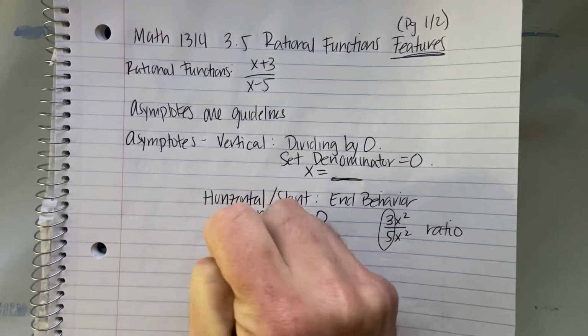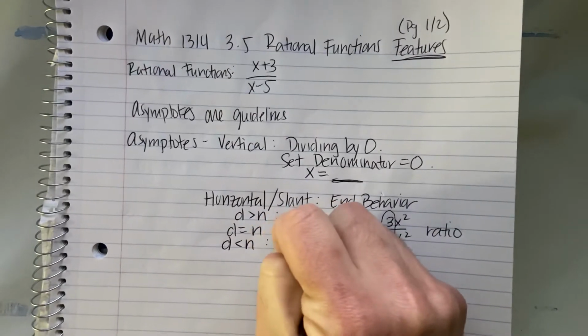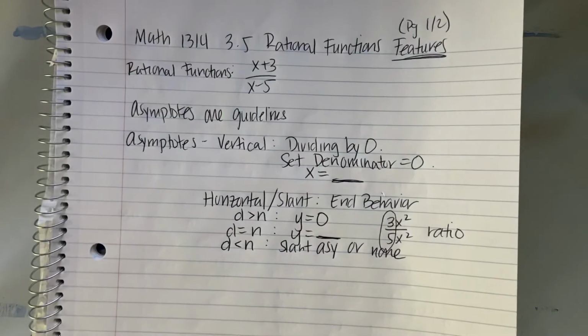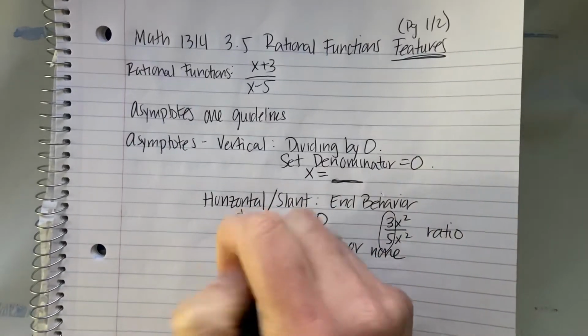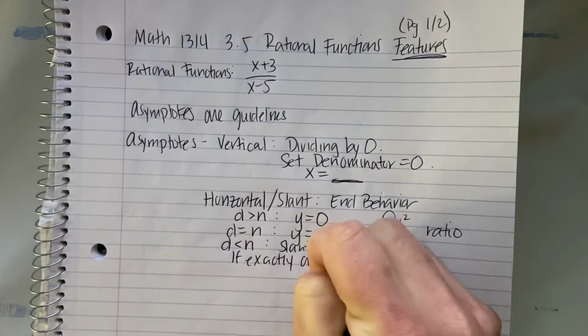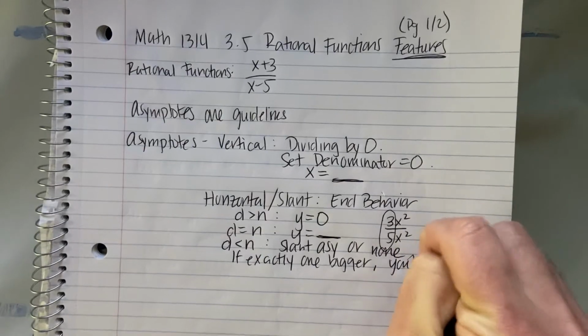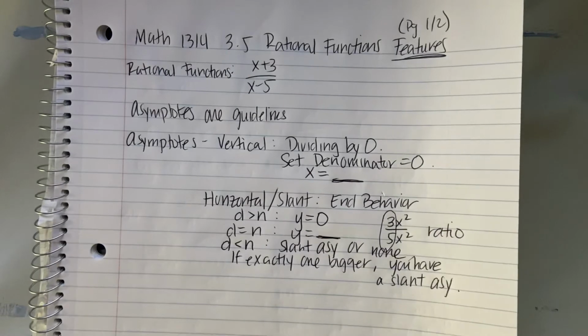Now, if the denominator is less than the numerator, you have either a slant asymptote or you have none. There's technically a quadratic asymptote, but we're not going to worry about that. If it's exactly 1 bigger, you have a slant asymptote. Now, if you have a slant asymptote, that just means that your dotted line, instead of being horizontal, is going to have like a slope.